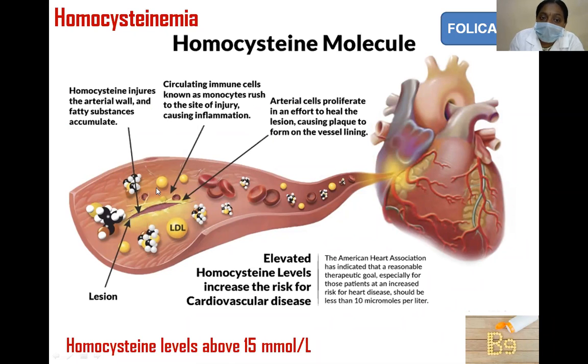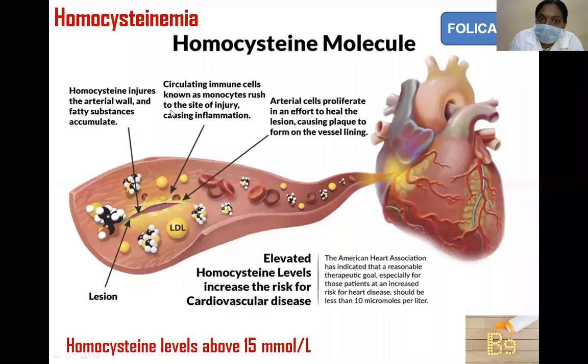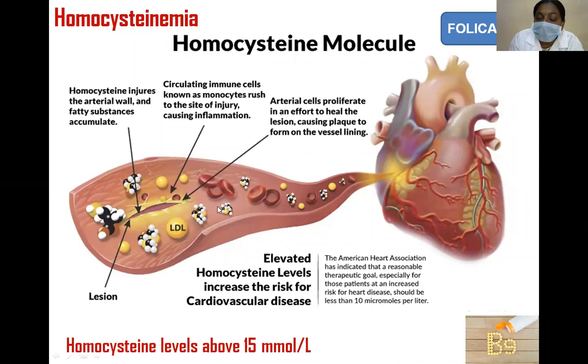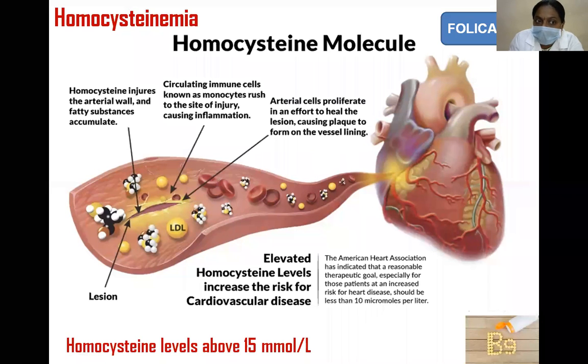The circulating immune cells known as monocytes arrive at the site of injury, causing inflammation. The arterial cells proliferate, causing plaque formation in the vessel lining. So elevated homocysteine levels are mainly seen in cardiovascular diseases.